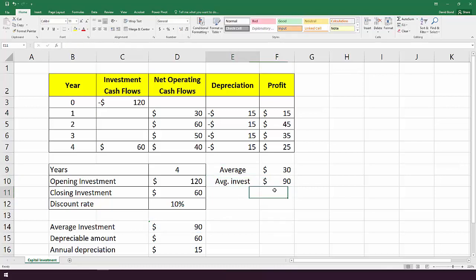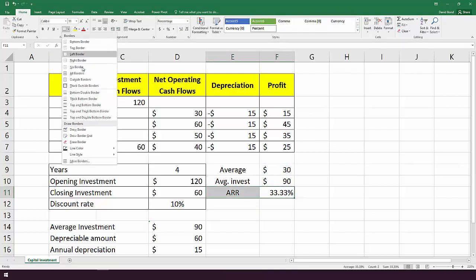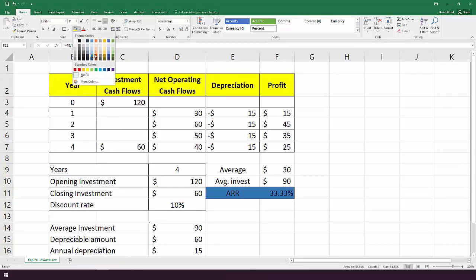And so the accounting rate of return is just 30 divided by 90 gives you 33.33%. So we have now calculated an accounting rate of return of 33.33.